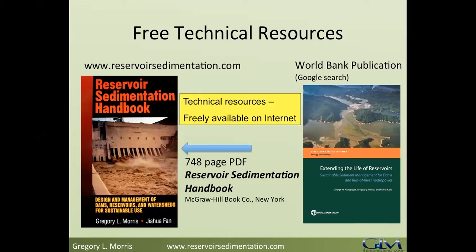So hydropower becomes less important as a seasonal supply of power and more important as a peaking power source. And to maintain a peaking power pool, which is relatively small, is much easier than trying to maintain a very large seasonal storage pool.